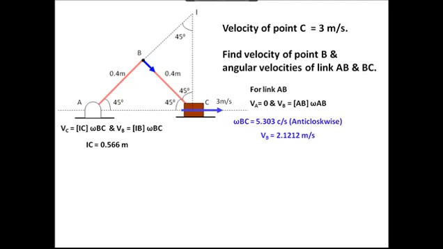Now for link AB, VB is distance AB into omega AB. VB is known and distance AB is given as 0.4, so omega AB works out to 5.303. The directions, anticlockwise and clockwise, can be seen from the way the links move. C goes towards the right, so obviously BC will go anticlockwise and AB will go clockwise. So this was about the two link problems. Thank you. We will continue these problems in the next video.